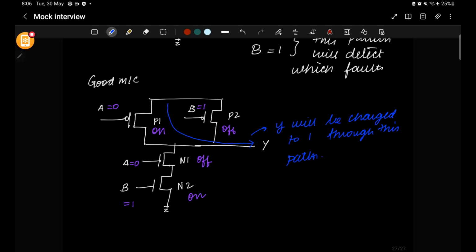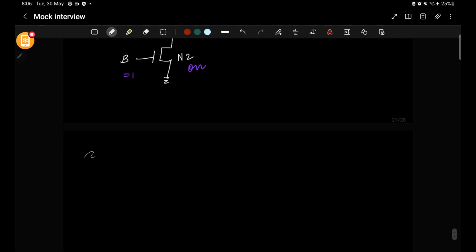So in order to detect a fault, for this particular pattern, if you have a direct path for the current to flow from VDD to ground, then that particular fault will get detected by this pattern. So which fault will it actually detect? This faulty machine will actually detect the N1 stuck-on fault. N1 stuck-on fault.